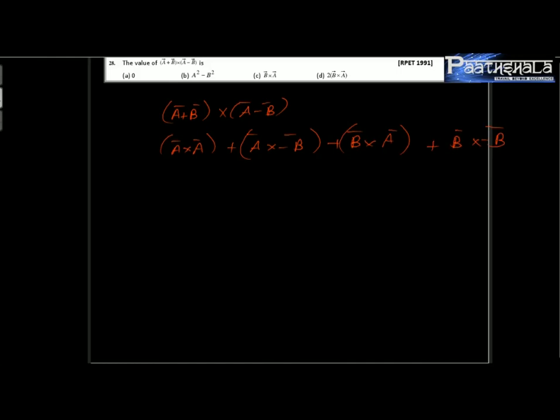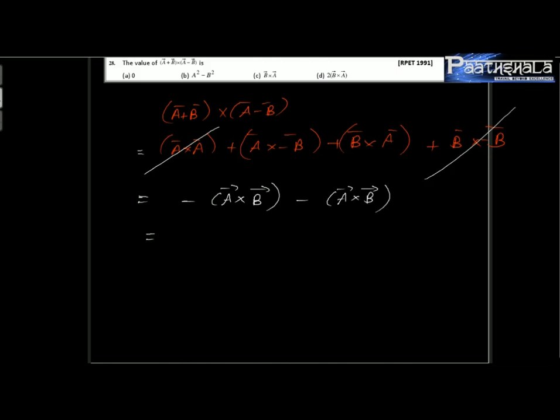A cross A happens to be 0. B cross minus B also happens to be 0. So A cross minus B is equal to minus of A cross B, and B cross A is also equal to minus of A cross B. This we have seen.